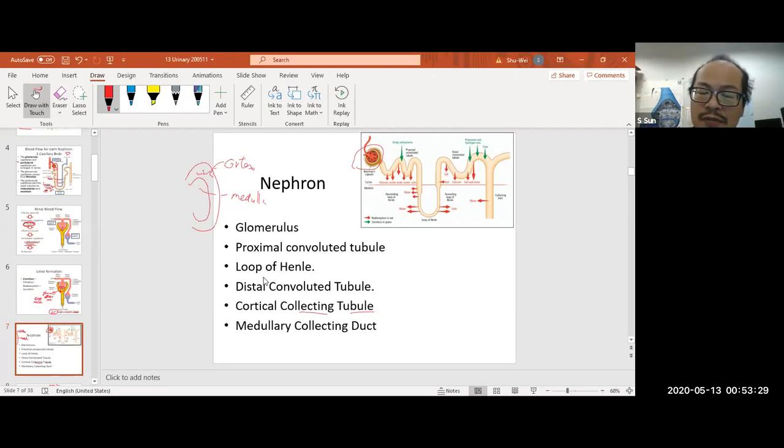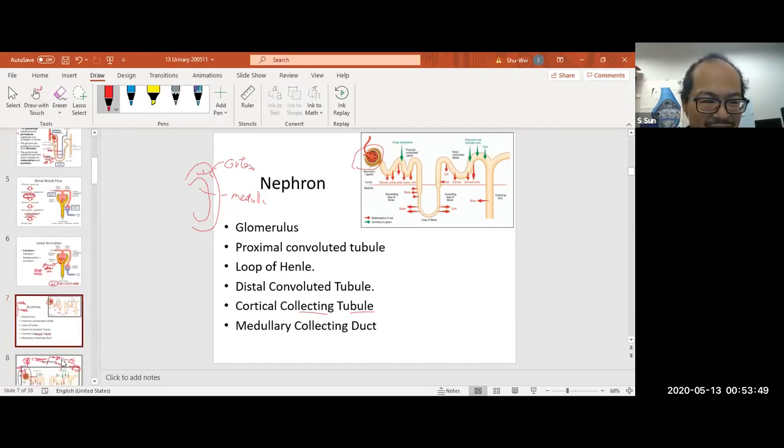As for the nephron, the tubule structure, in the beginning we have the glomerular capsule, and then the proximal tubule, loop of Henle, distal tubule, collecting tubule, collecting ducts. Any questions? All right.